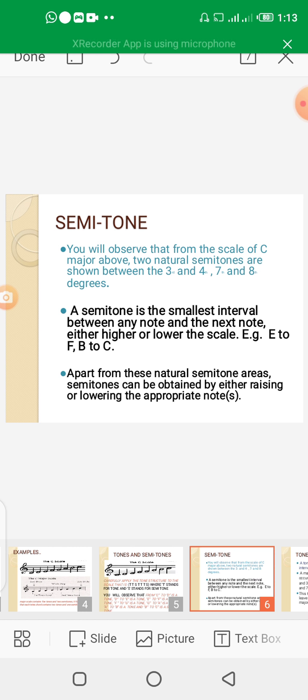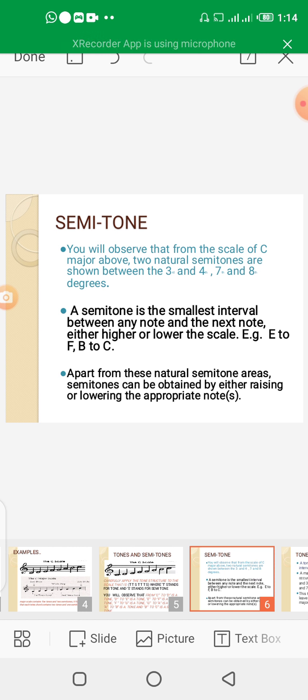Then finally, apart from the natural semitone areas, a semitone can also be obtained by either raising or lowering the appropriate note. For example, if accidentals are applied to tones, it could result in a different kind of semitone, not a natural semitone.